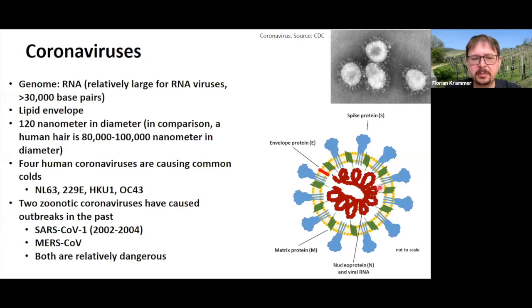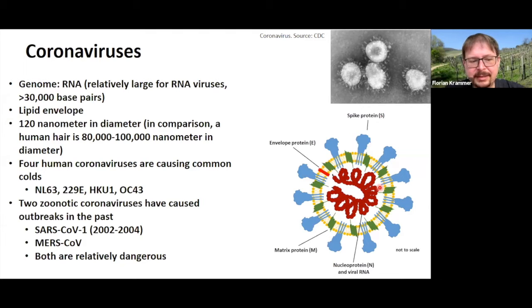We have 4 human coronaviruses that are causing common colds. We have known of them for a long time. They're not particularly dangerous. And we have known about 2 zoonotic coronaviruses. Zoonotic means that they come from an animal and infect a human. Those are SARS coronavirus 1, which caused an outbreak mostly in 2003 and infected about 8,000 people and killed 800 of them.